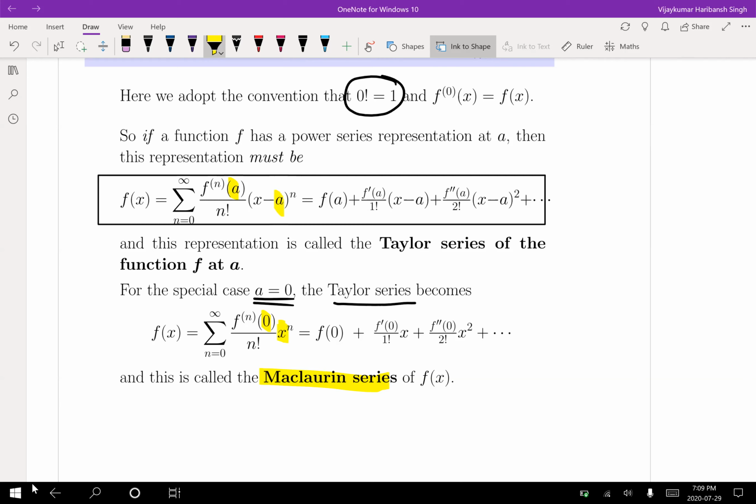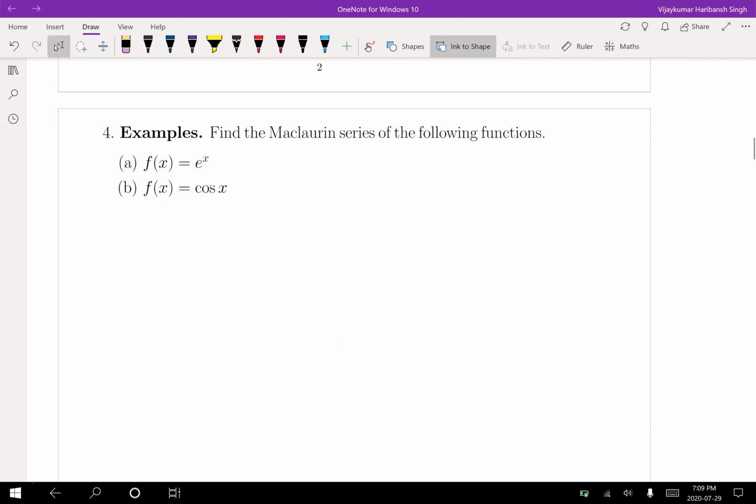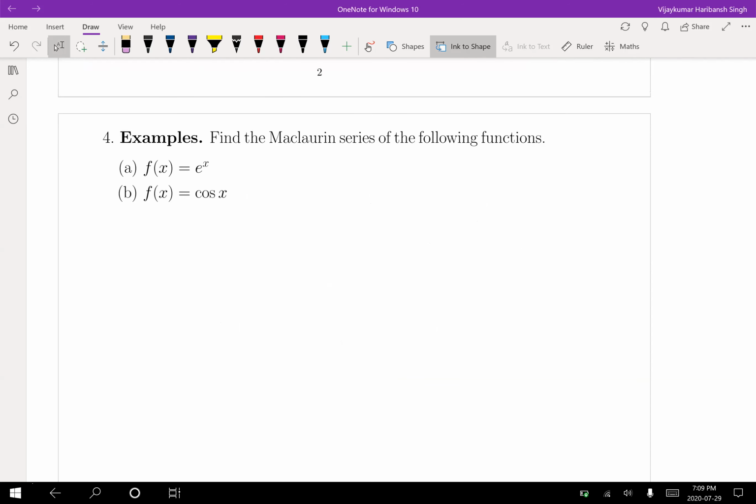So let's look at a few examples now on computation. First, the Maclaurin series. We want to find the Maclaurin series of the following functions. So what is the Maclaurin series? Recall, this is a Taylor series with a equals 0.